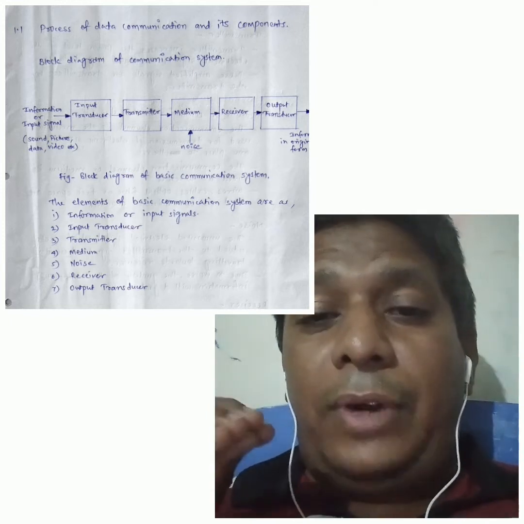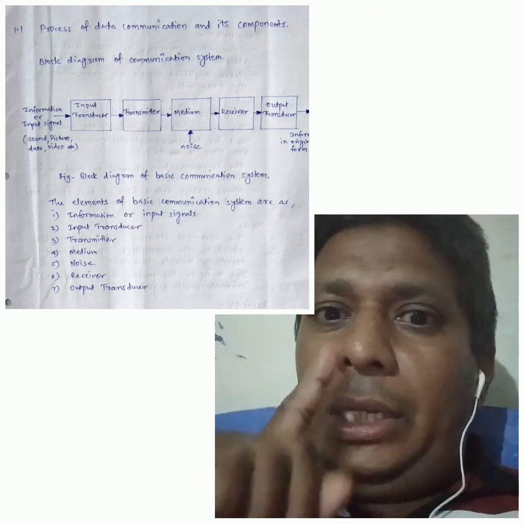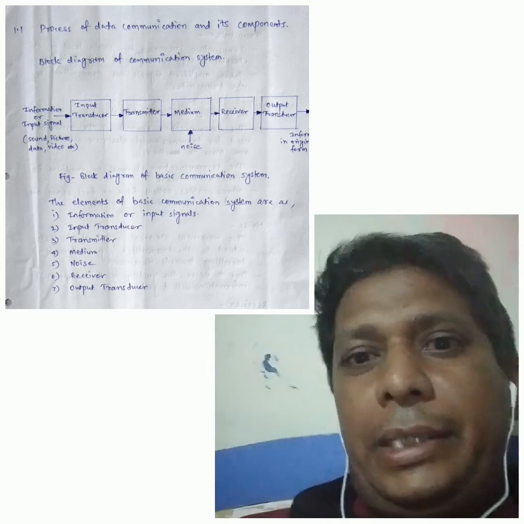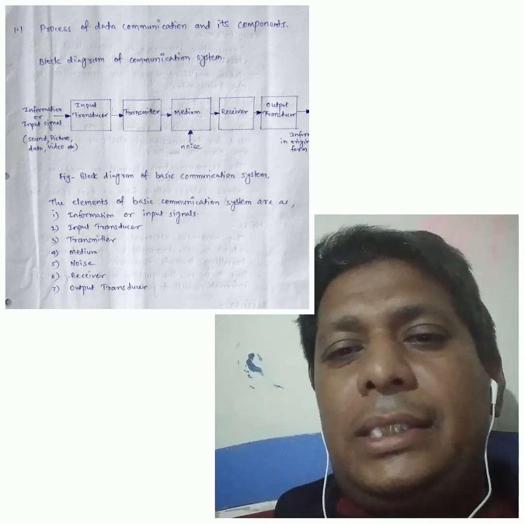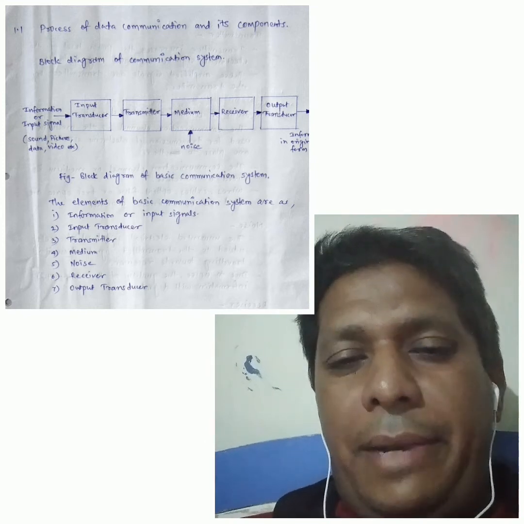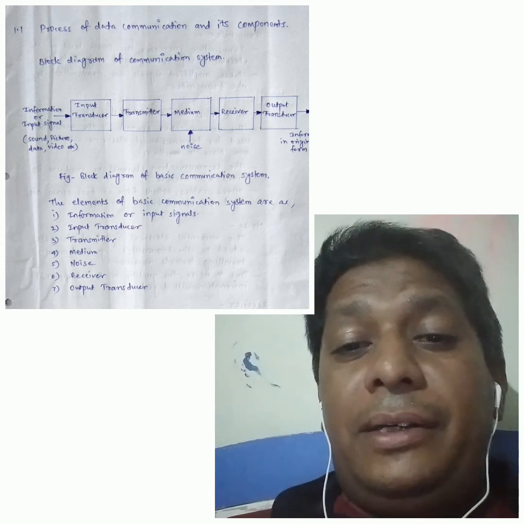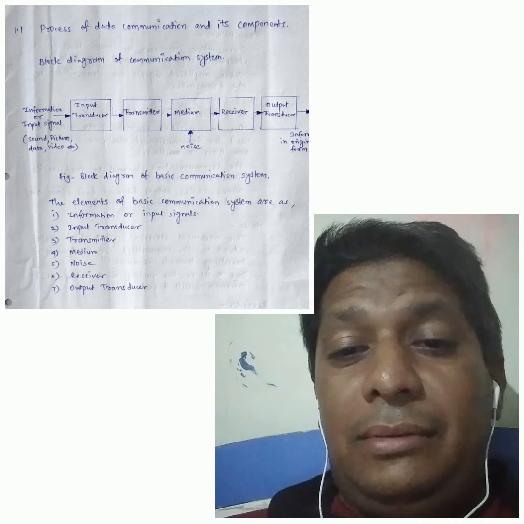The original form means the final information. Original information is converted into an electrical signal. The electrical signal travels through the medium. The traveled signal is captured by the receiver.